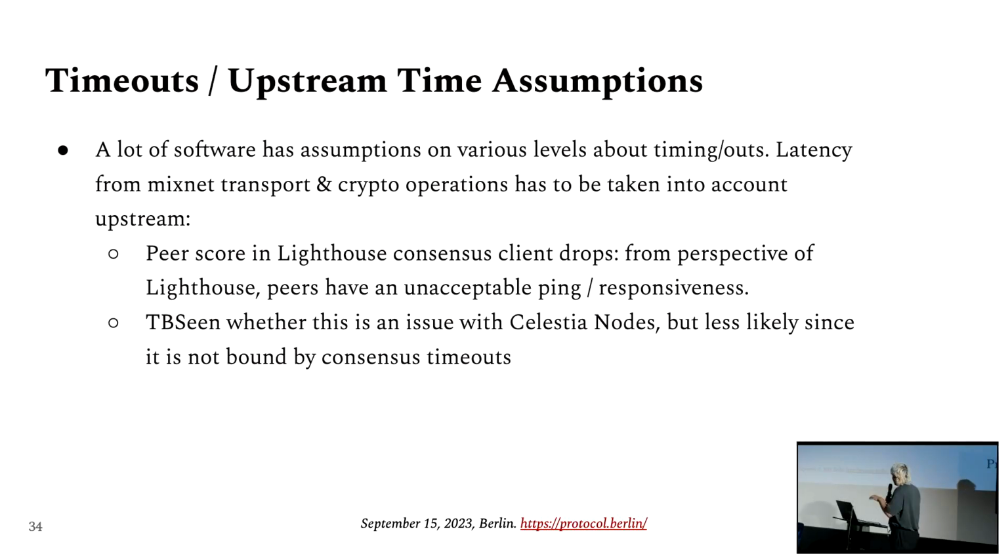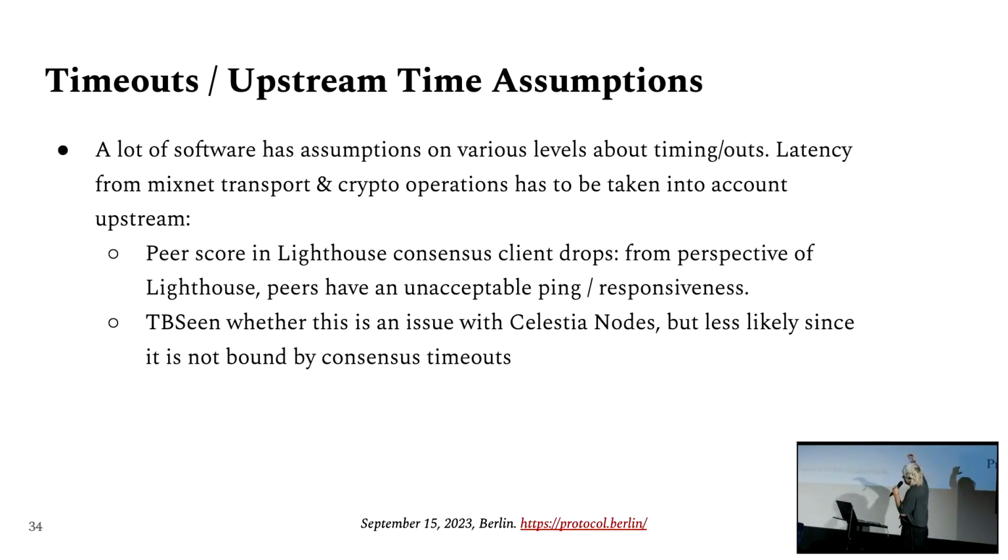And if you had a bunch of Lighthouse consensus clients that were using the mixnet, even via the circuit relays, and were able to talk to other Lighthouse clients, then from the assumptions of that code, they would seem like, oh, their connectivity must actually be a bit sketchy, right? Which is not necessarily the case.